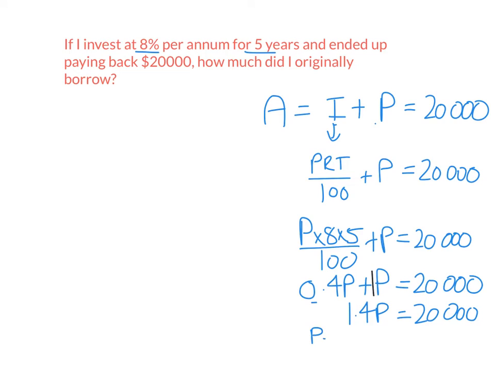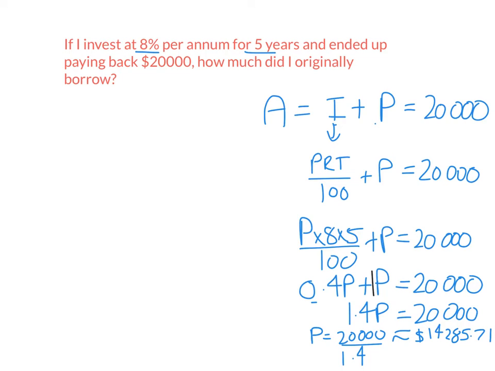So P would be 20,000 divided by 1.4, and you get approximately 14,285. And I'll just round it to 2 decimal places again. Okay, so that means that you would have borrowed $14,285.70, and the other amount, which is about $5,715, would be interest.